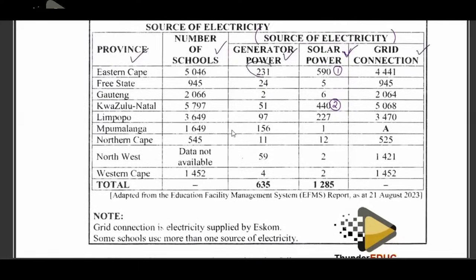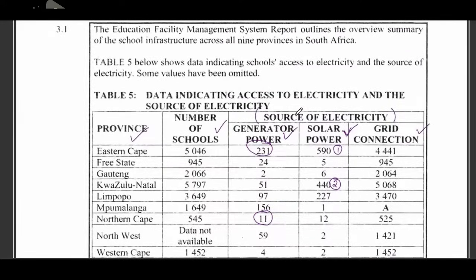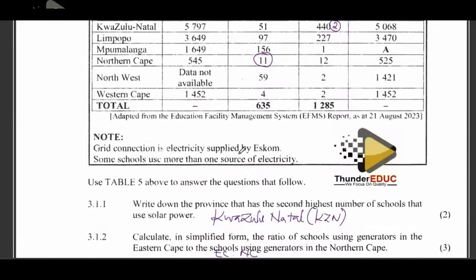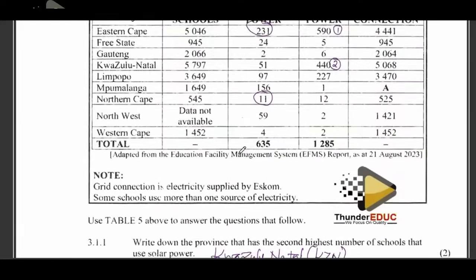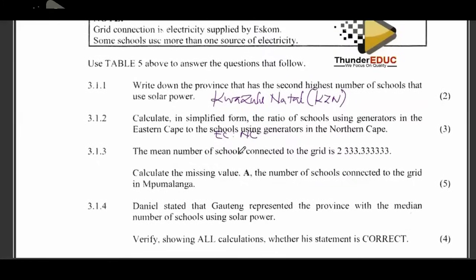Eastern Cape has 231. Northern Cape has 11. It's 231 to 11.